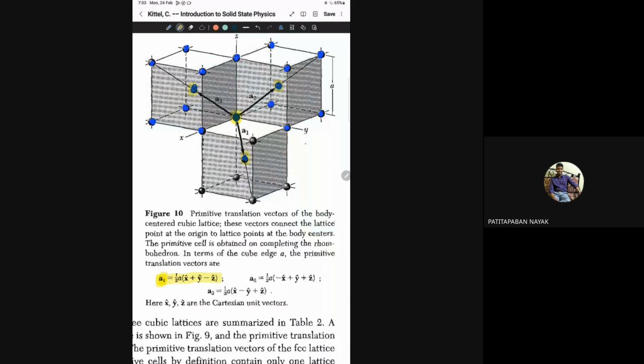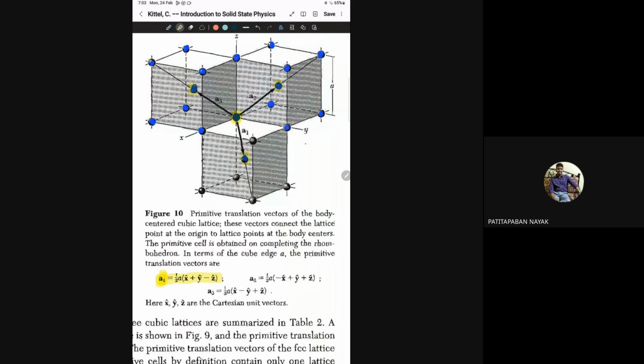So the left hand side is the primitive cell, and the right hand side is the unit cell dimension. A primitive cell, as per the definition, has only one lattice point, whereas a unit cell could have 1, 2, 4, like that.